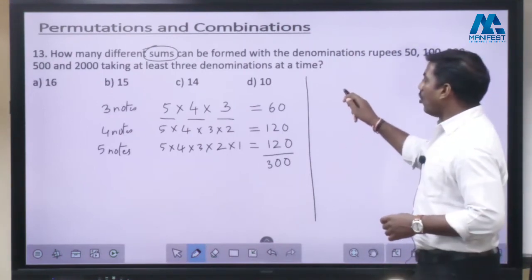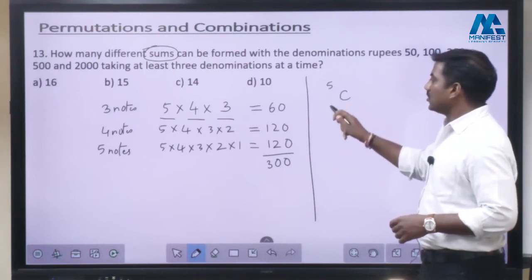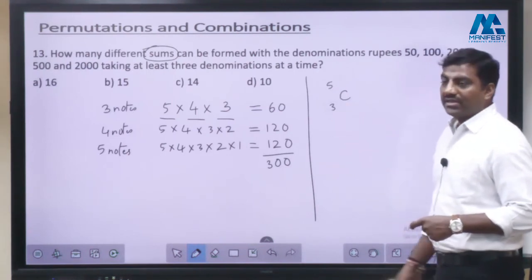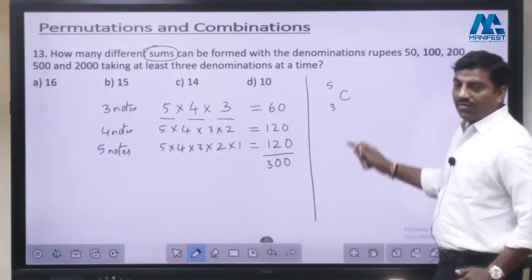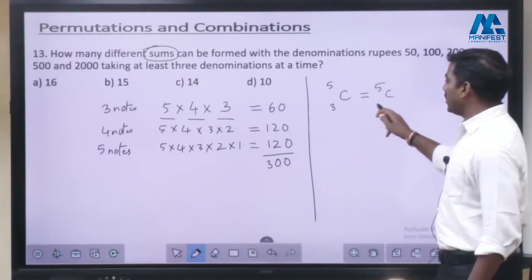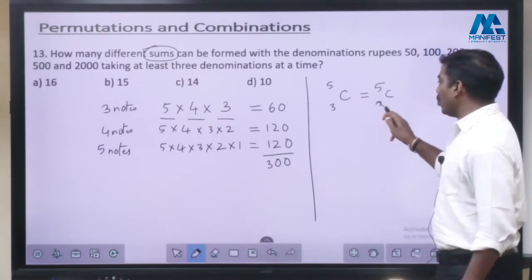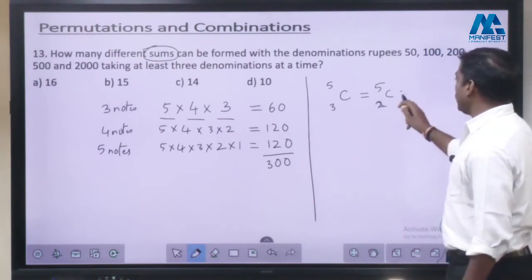So how many notes are we picking out of 5? And this is when we are picking 3 notes. How much is it? 5C3. It can be 5C2 also, right? Rather than selecting 3 notes, you can reject 2 notes. So 5C2.